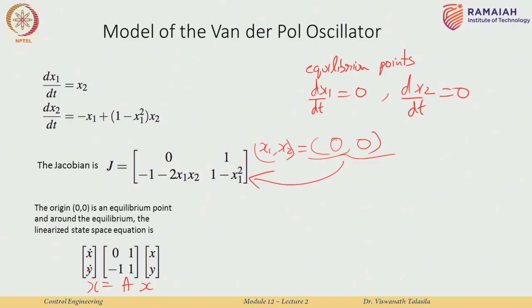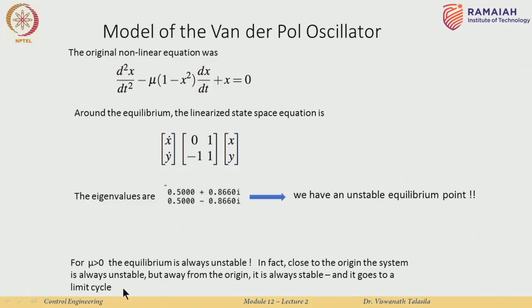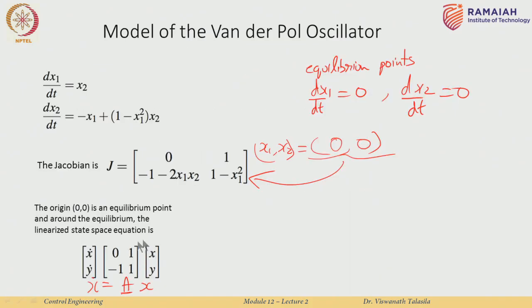Now let us analyze the properties of this system. The way we do that, as we always do, is to compute the eigenvalues. Remember in transfer functions how we computed the poles; that is really the first step you would always do.